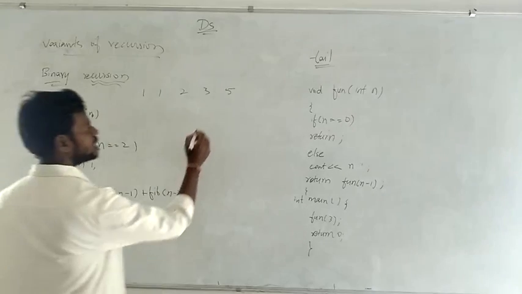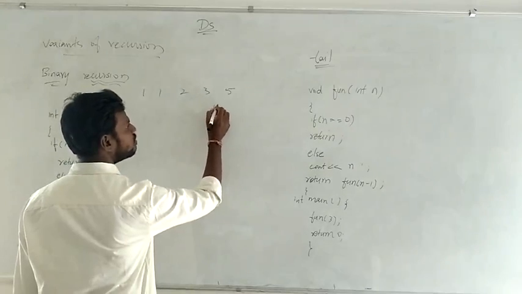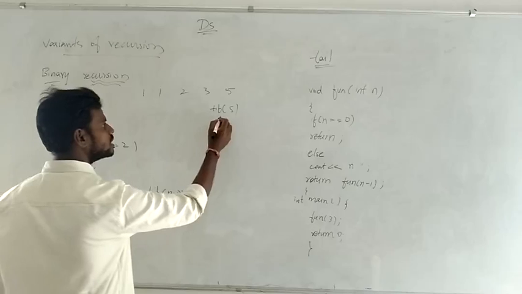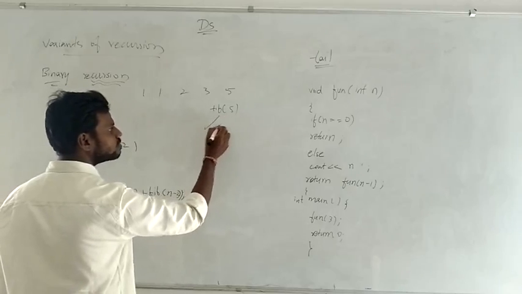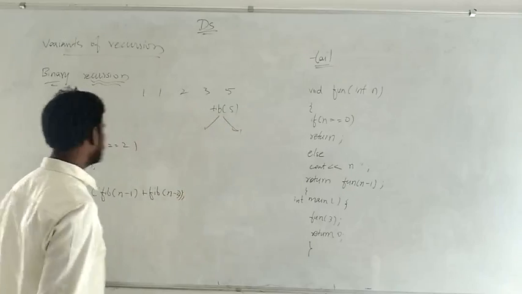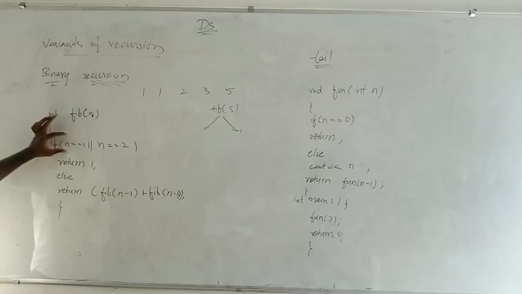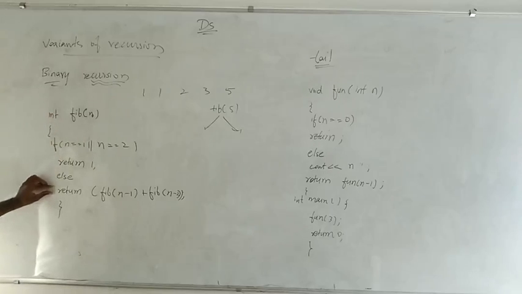Consider my input is 5, Fibo of 5. We will be using the stack in order to execute this, but we are calling the function two times. When the function call is made, I check the condition. If the condition is true, I return 1, else I go for the return part.